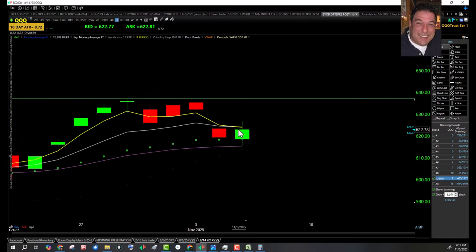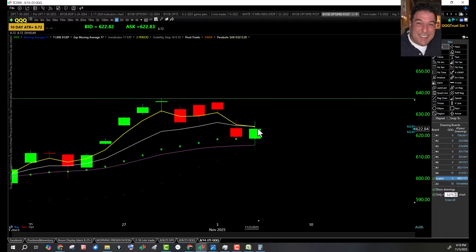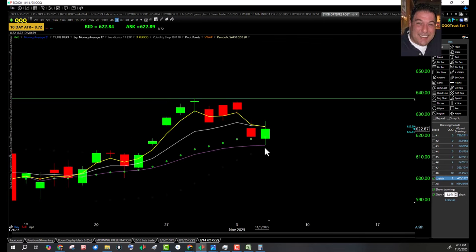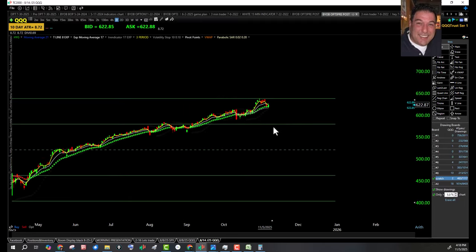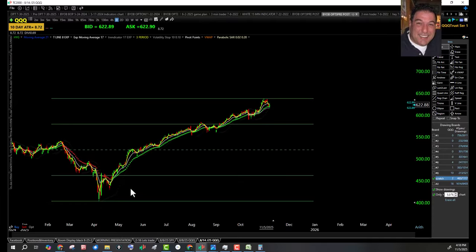And we closed at the top of the green box right there. So we're closing under the bearish cross, but over the rising 17 EMA right there. So there's QQQ. Top of quadrant 4, that's still bullish. Okay, from the low up to the high. Bullish and in an uptrend on QQQ.